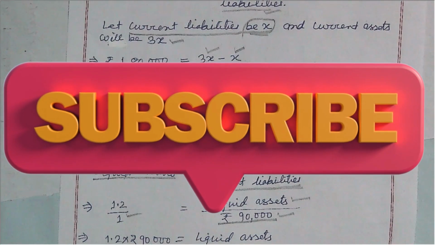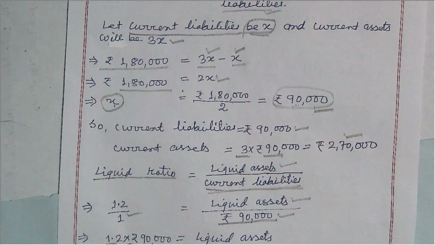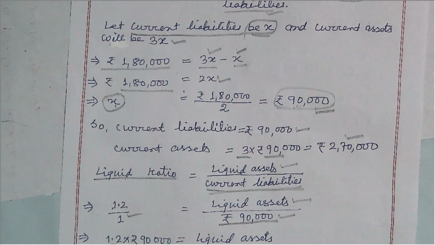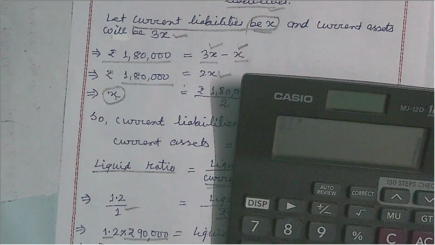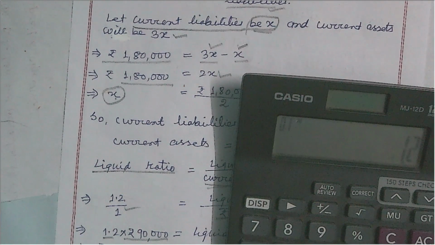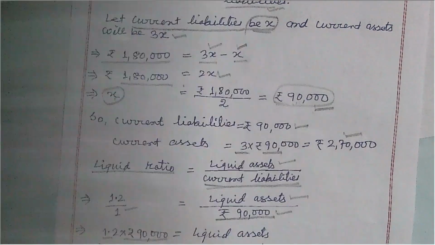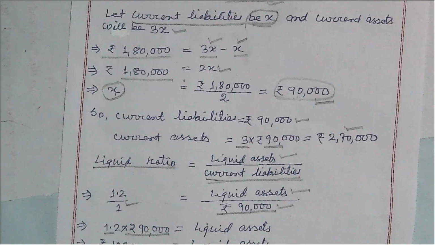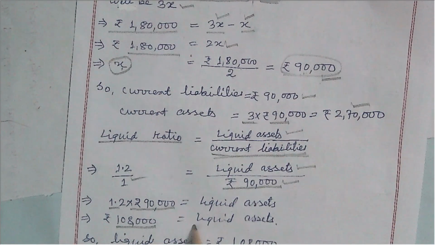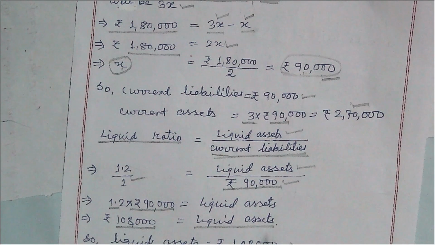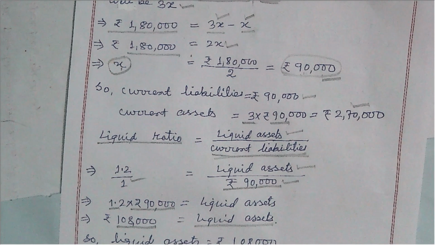Then doing the cross multiplication, 1.2 into 90,000. Now let's see what the answer is. 1.2 into 90,000 is 1,08,000. So liquid assets equal rupees 1,08,000.